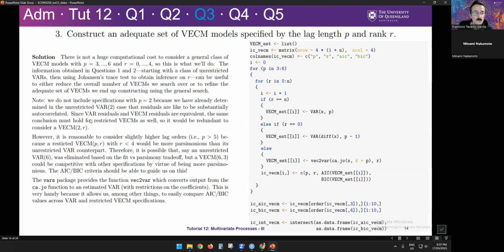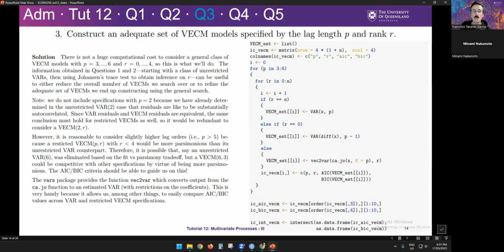But it is not unreasonable to consider higher lags, a little bit higher than what we were considering, because probably you remember that 6 lags was not too far in our rank from 2 to 5.